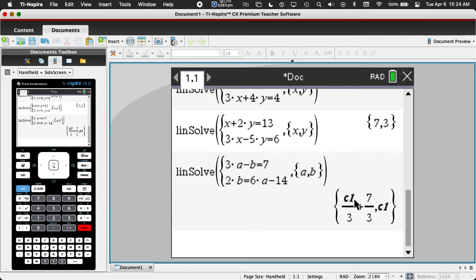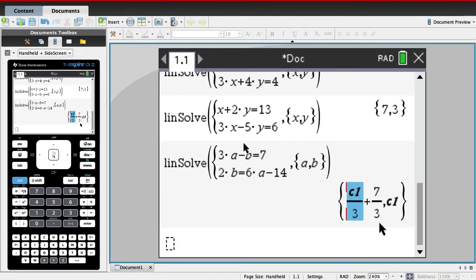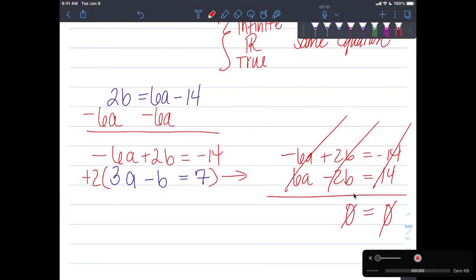And it's going to give me a letter C, telling me that these are correctly the same exact equation. And that means that I got this correct because I got a true statement.